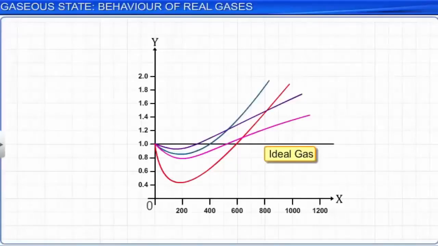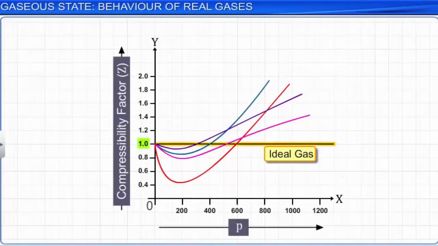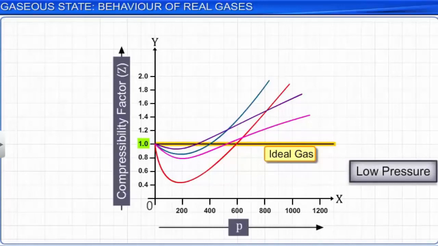On plotting a graph of compressibility factor against pressure, we get a straight line parallel to the x-axis at very low pressure. We find that at very low pressure, all gases have compressibility factor approximately equal to 1 and behave like an ideal gas.